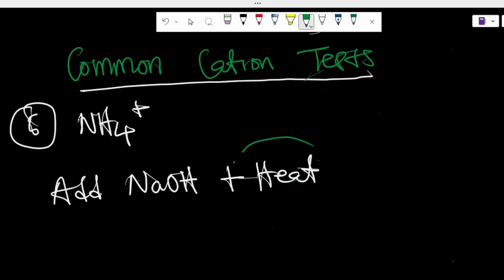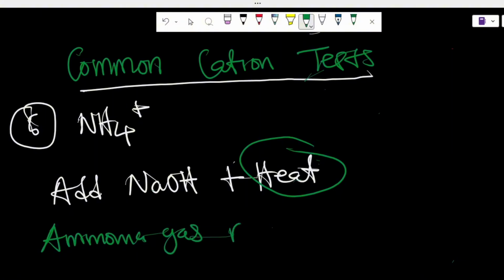Now, the reason why you want to add some heat here is because not only are you trying to increase the rate of chemical reaction, but also there's a gas that is produced during this reaction, and the heat applied quickly helps to release this gas and make the smell obvious. Because when you are trying to identify the presence of ammonium ions, what you're going to see is ammonia gas released.